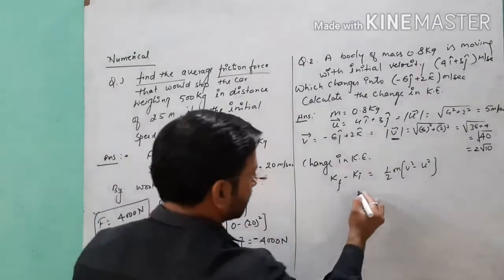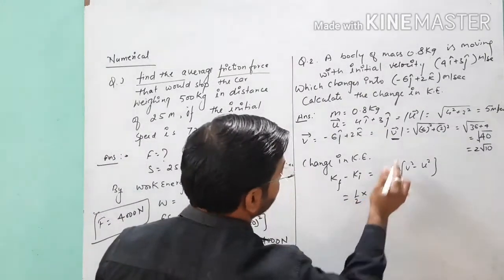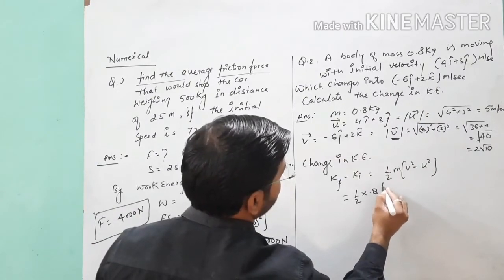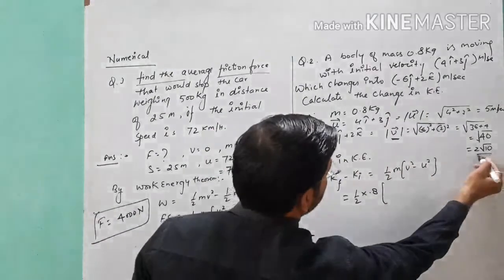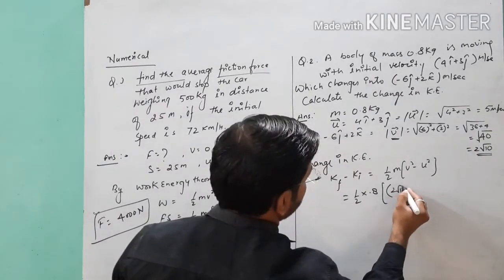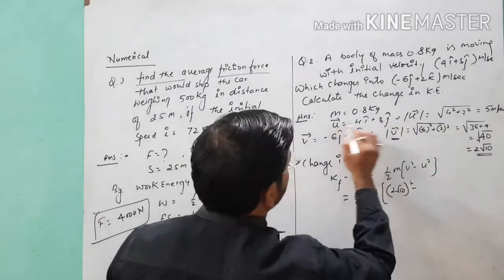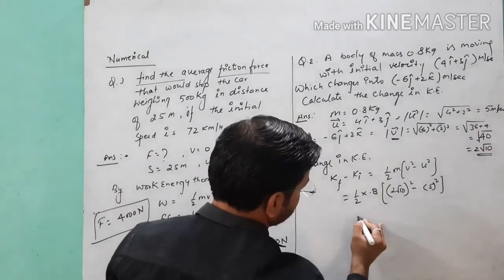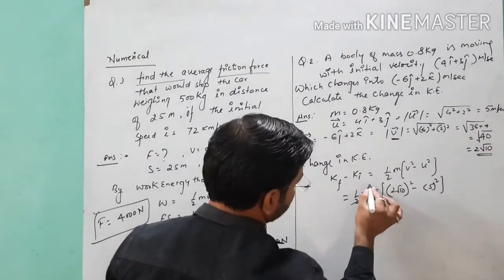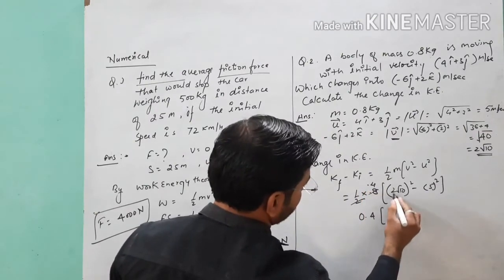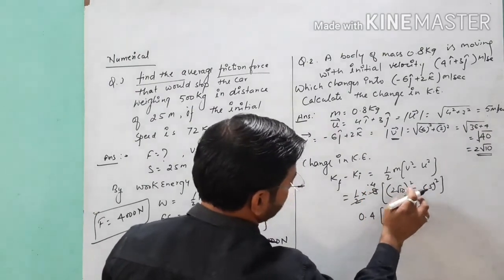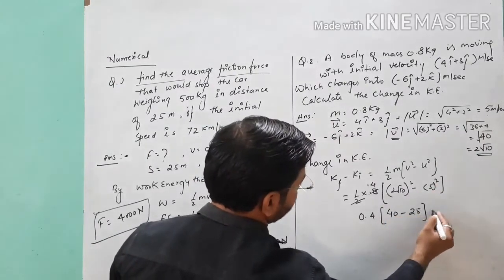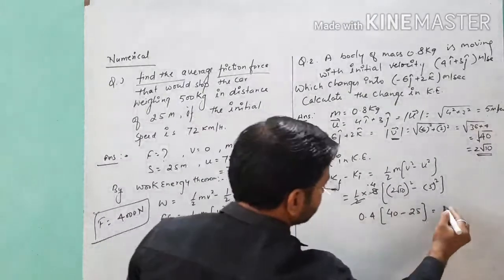So here half into mass, we have 0.8 kg, so 0.4, into v square we have 2 root 10 squared, minus u square we have 5 squared. 2 squared is 4, 4 into 10 is 40, minus 25.